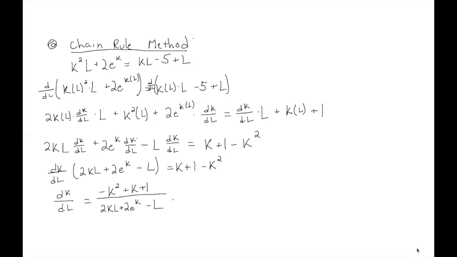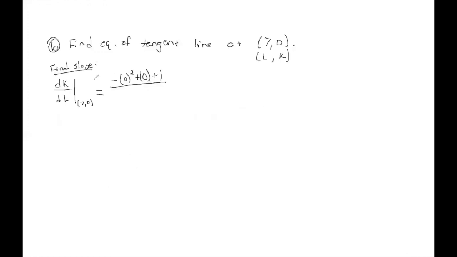And 2kl plus 2e to the k minus l, which is 7. Simply evaluating here, I get 0, 0, 1, 1 on the top, and on the bottom 0 and a 1, 2 times 1 gives me 2, minus 7 is negative 5.